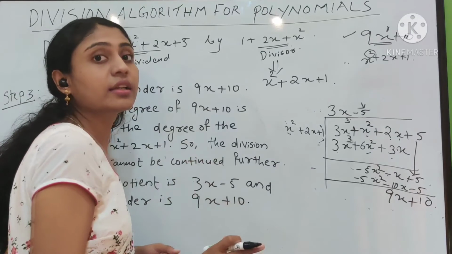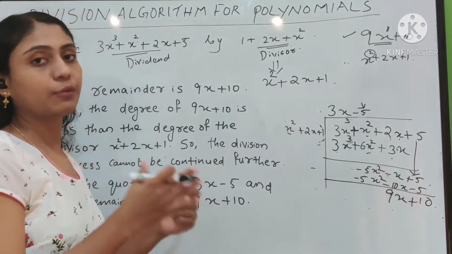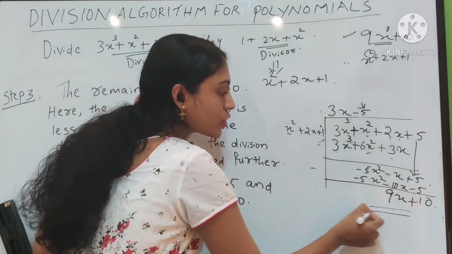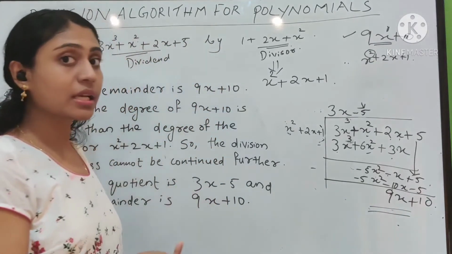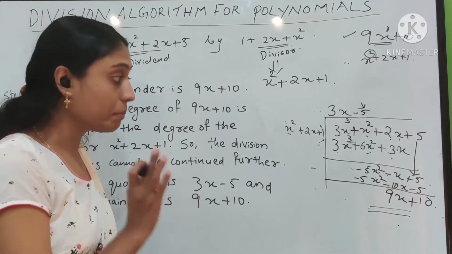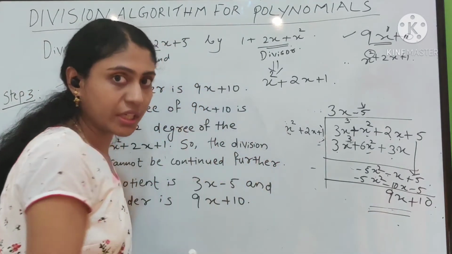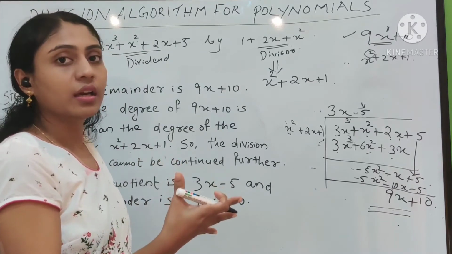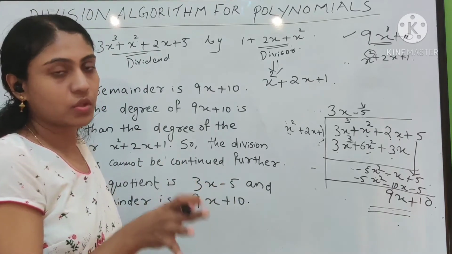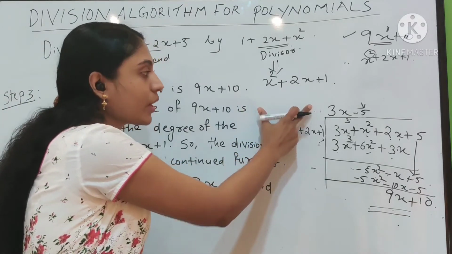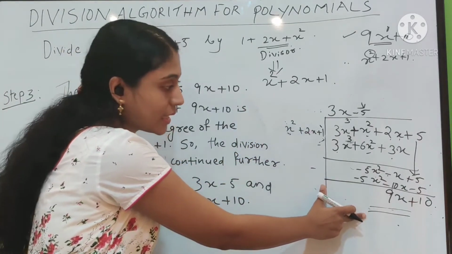So we cannot continue the division process any further. Understood? So up to this, we can stop the division process. Why? Is the remainder 0? No, the remainder is not 0, but the degree of the remainder is less than the degree of the divisor. So we cannot proceed the division further. So we stop this, so that we got the quotient as 3x minus 5, the remainder as 9x plus 10.